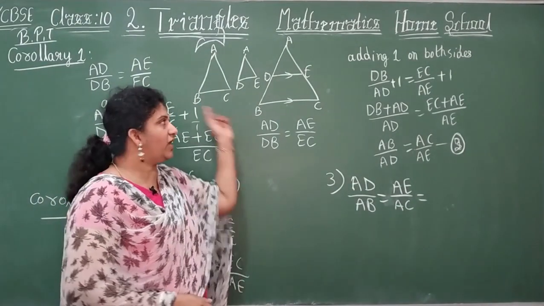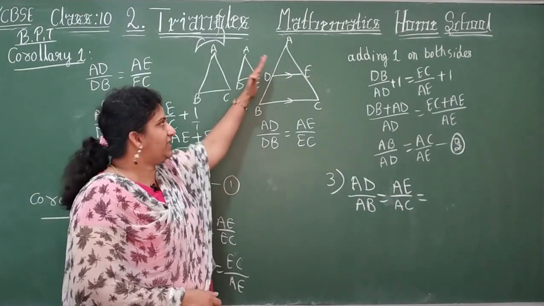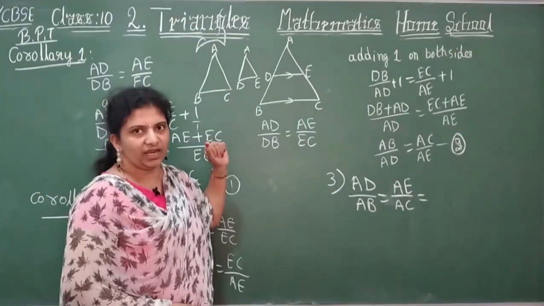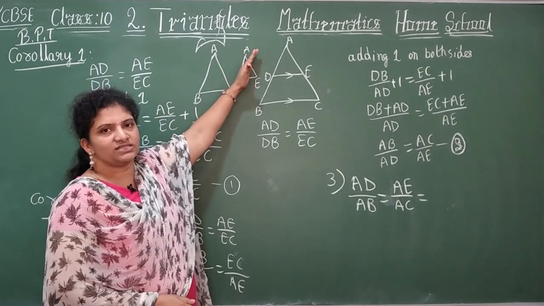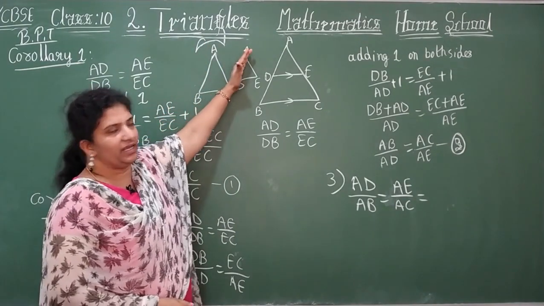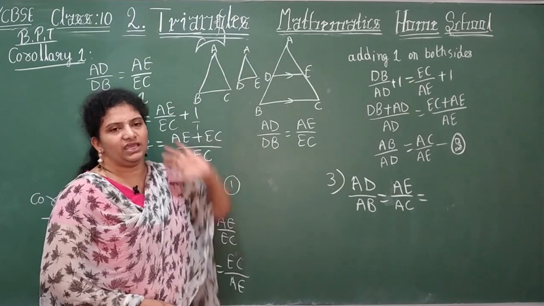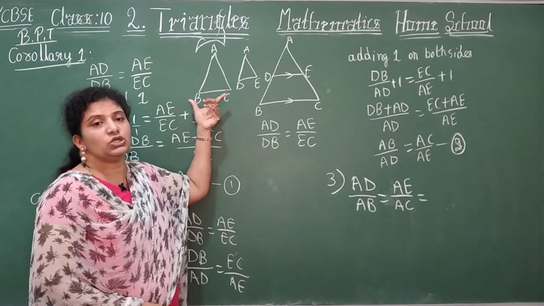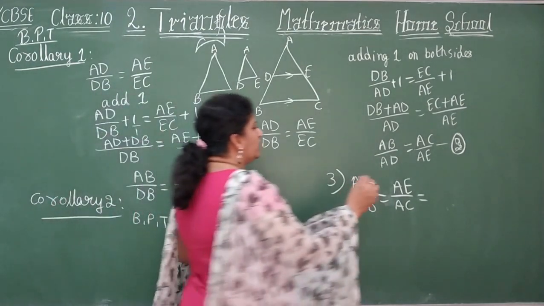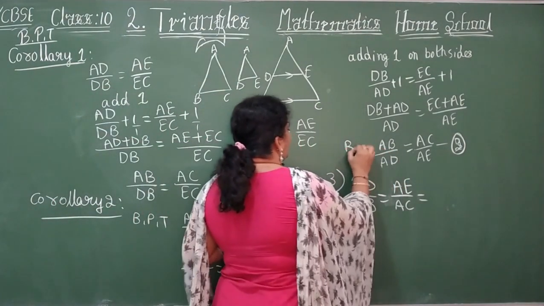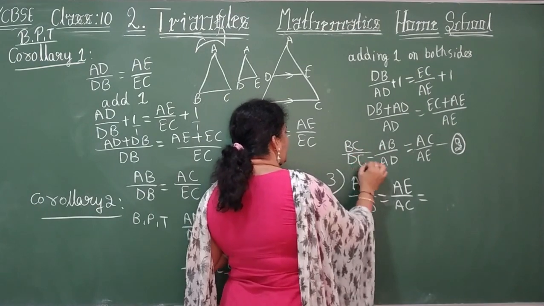Corollary 1, you cannot split. Why? Big side by trapezium side. Right? Corollary 2, big side by small side. AB by AD, AC by AE. Whereas you can write BC by DE also. So let me write here BC by DE.